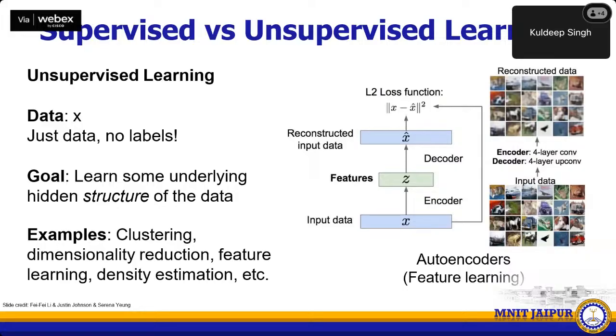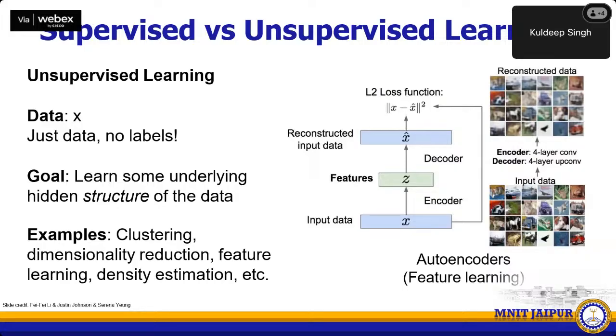In supervised learning, if you have seen yesterday in different sessions, in CNN, we can extract features. CNN is mainly for representation learning. You can extract features with the help of CNN. So that was supervised machine learning, where the output at the fully connected layer can be used as features, and you can use any classifier to train on these features for classification purposes.